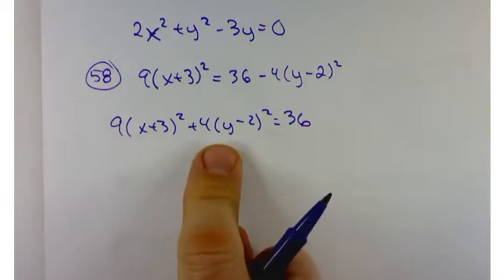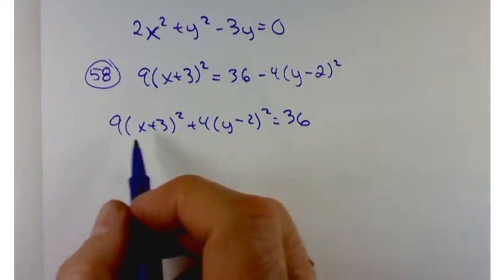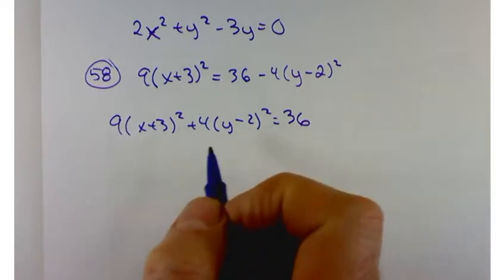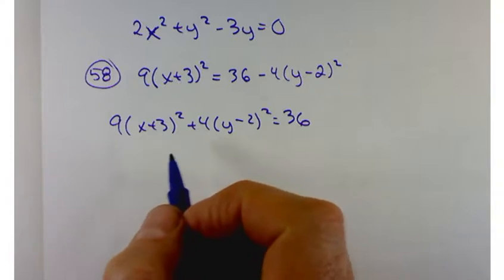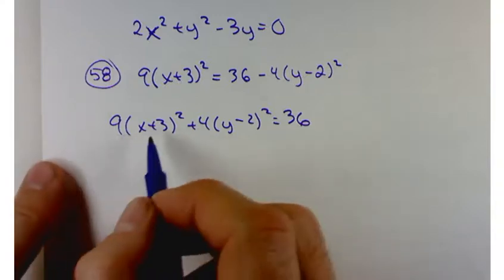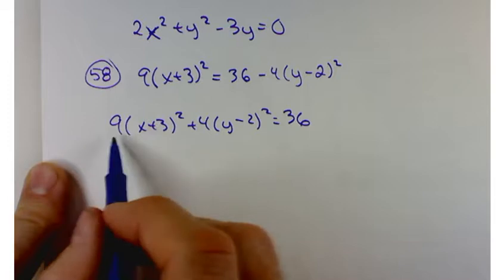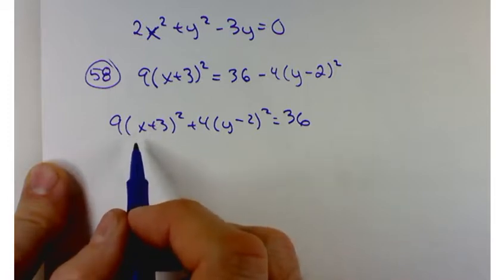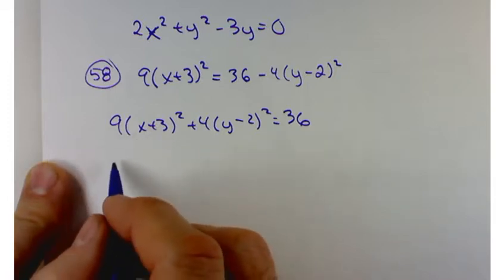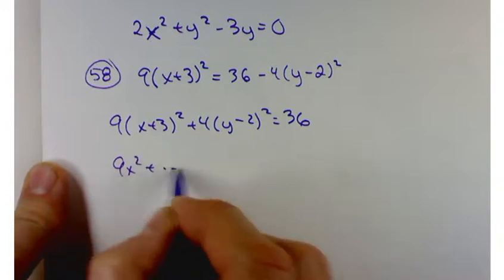Now, let's try and save ourselves a little bit of work here. I'm not really interested in squaring this out, distributing, etc. I think I can kind of guess, if I did square this out and distribute the 9, what would be the coefficient of my x squared term? 9. It's going to be a 9x squared plus something.